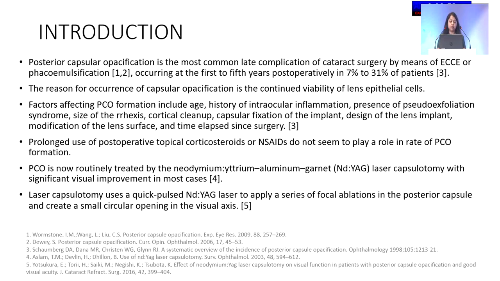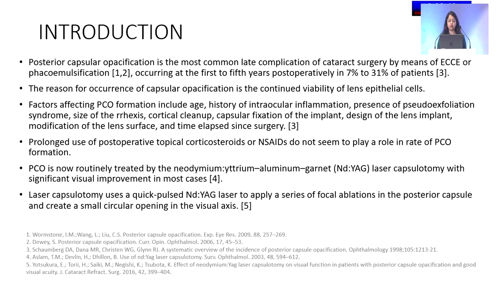Prolonged use of post-operative topical corticosteroids or NSAIDs does not seem to play a role in the rate of PCO formation. PCO is now routinely treated by ND-YAG laser capsulotomy with significant visual improvement in most cases.